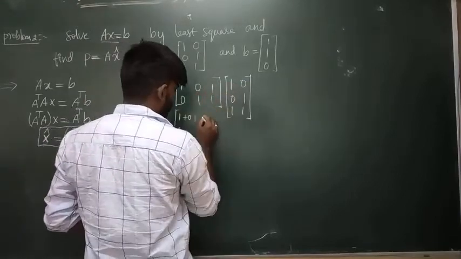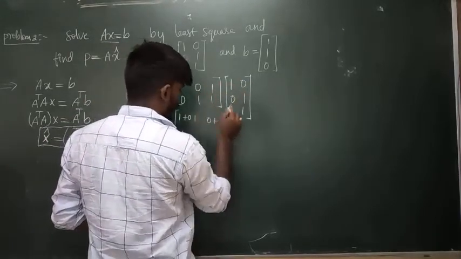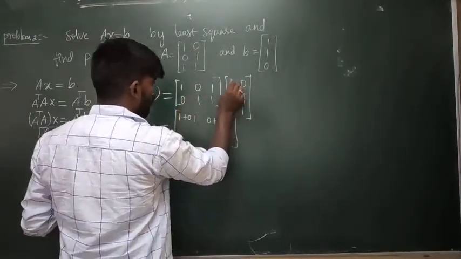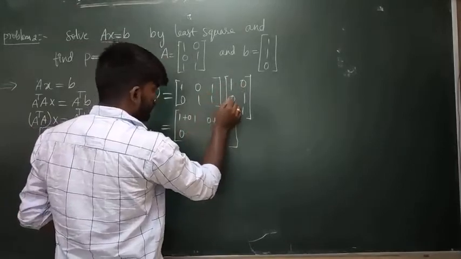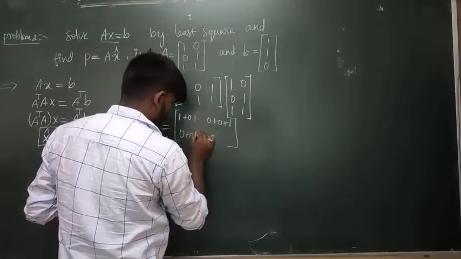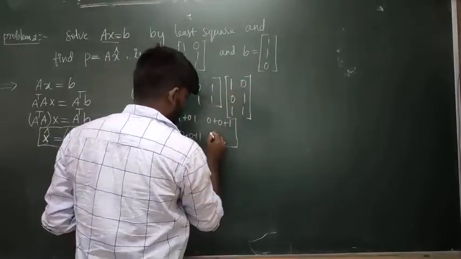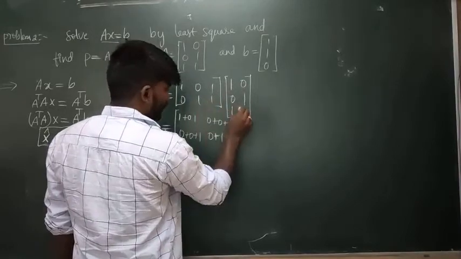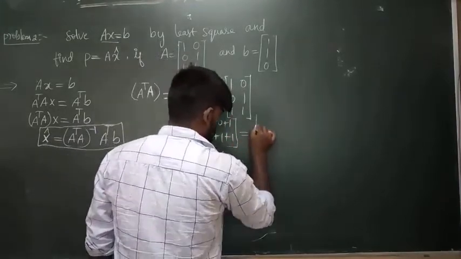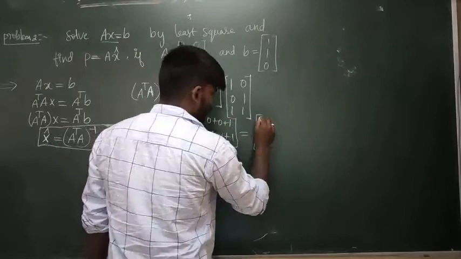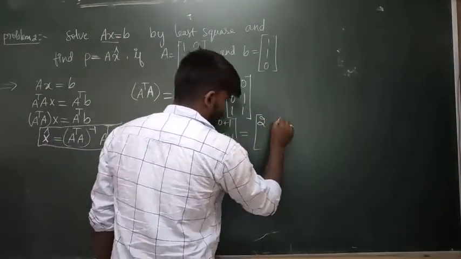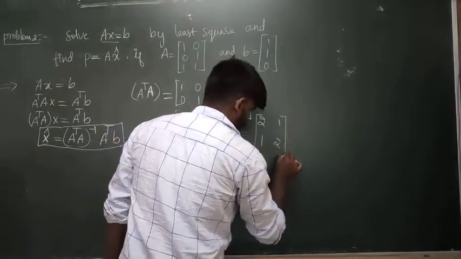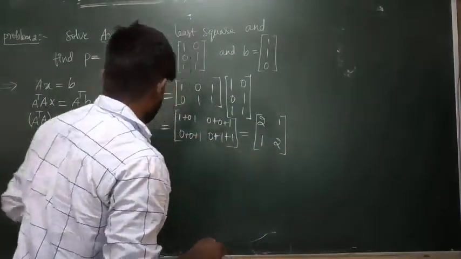Then 1 into 0 plus 0 into 1 plus 1 into 1 is 1. Then 0 into 1 plus 1 into 0 plus 1 into 1 is 1, and 0 into 0 plus 1 into 1 plus 1 into 1 is 1 plus 1 = 2. Therefore, A transpose A is [2 1; 1 2].